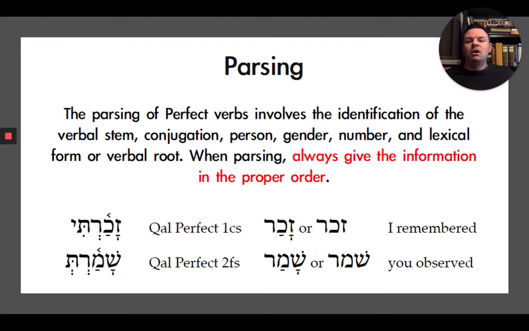So the way that we will talk about it is like that word zakarti is the Qal perfect first common singular, meaning I remembered, right? Zakar meaning remember, I remembered. Shamart is the Qal perfect second feminine singular, or 2FS, of shamar, which means you observed, and of course it's you, feminine singular, observed.